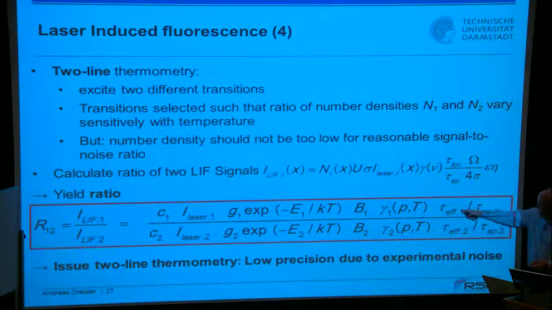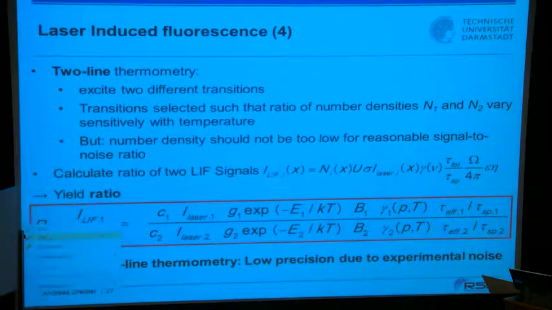And now we come to it. This ratio, of course, depends as well on the effective lifetime. And people using that technique just simply say, and that might be valid or a good assumption for some of the molecules, that this ratio is nearly 1.